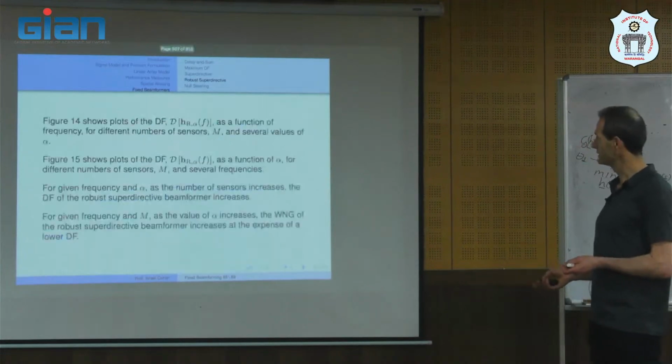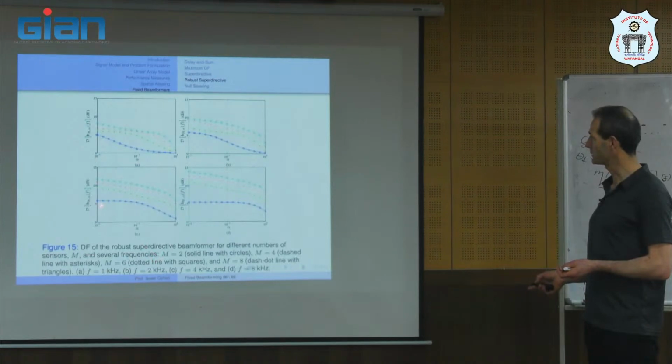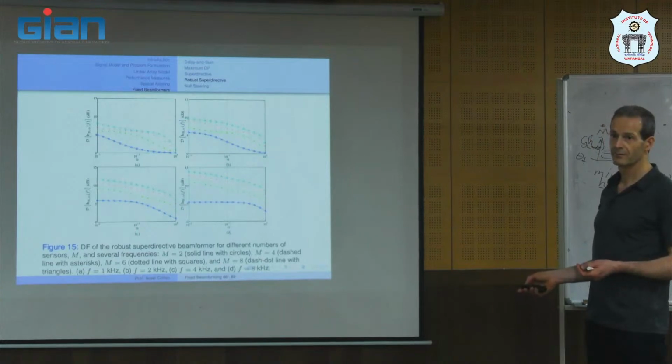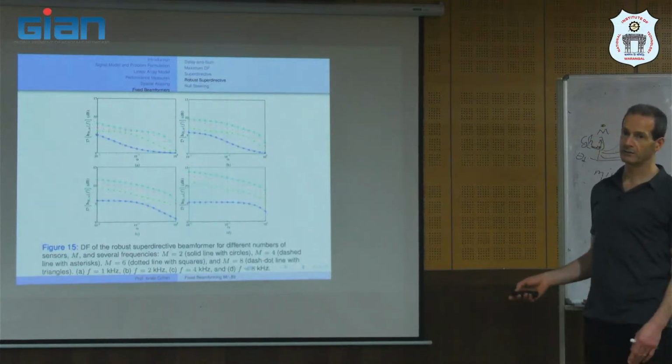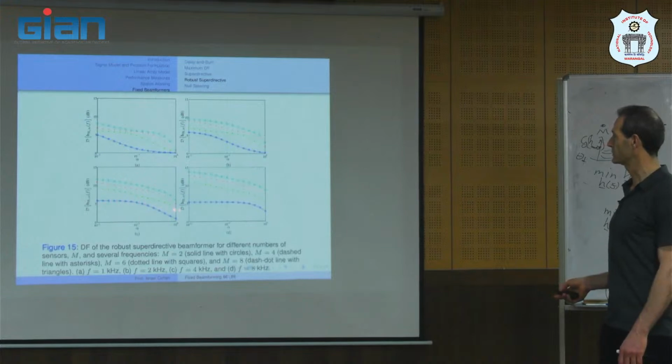So you see that here the directivity factor as a function of alpha decreases. The maximum directivity factor is obtained for alpha equals 0. But then the white noise gain will be very, very low. So we increase alpha, we increase the white noise gain, but the directivity factor decreases.